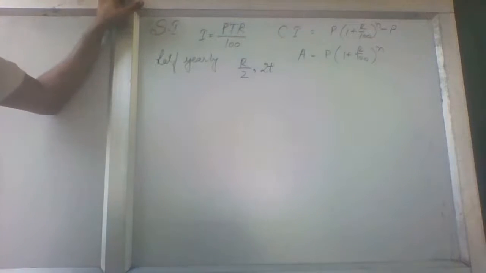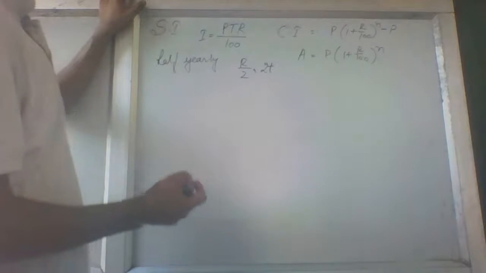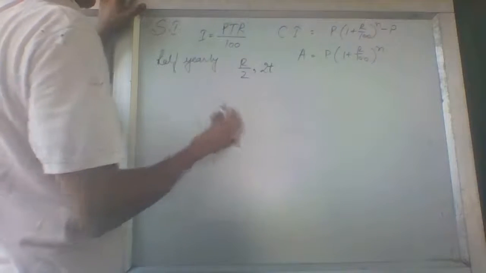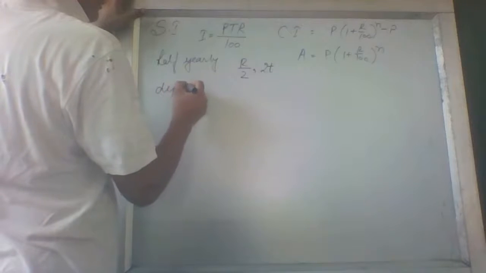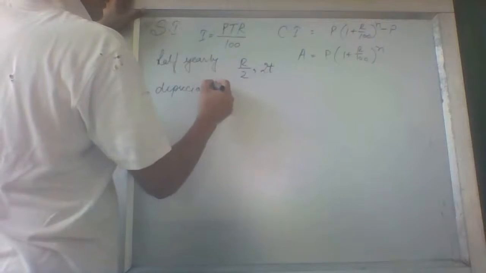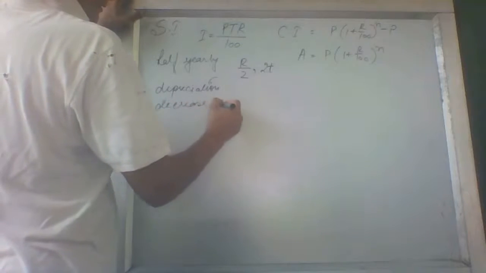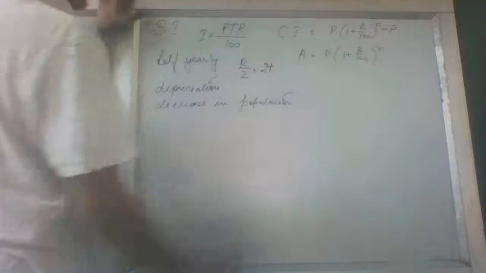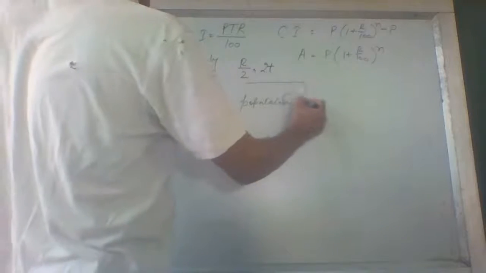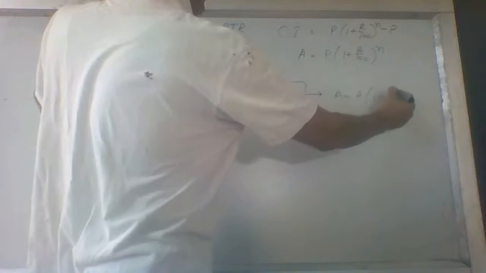And one more thing I would like to tell you, that for questions like depreciation or decrease in population in an area, in these two conditions we use this formula: amount is equal to principal 1 minus R upon 100 to the power n.